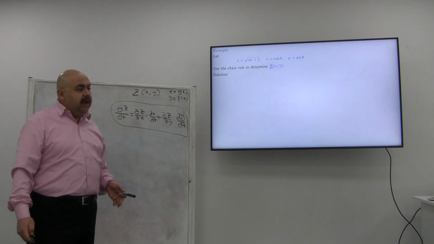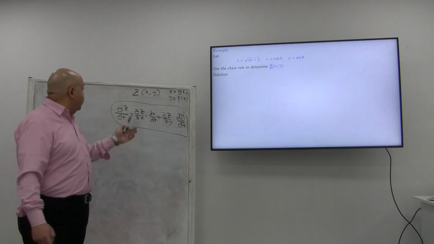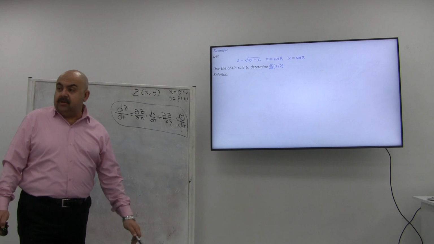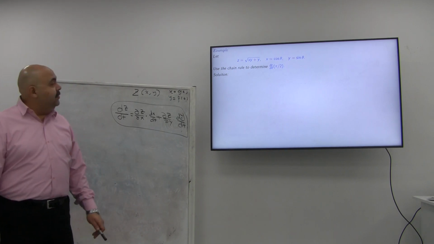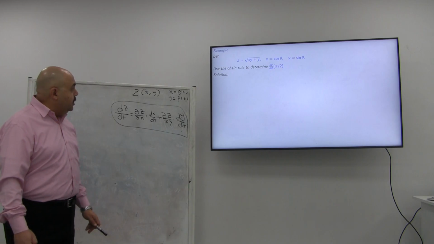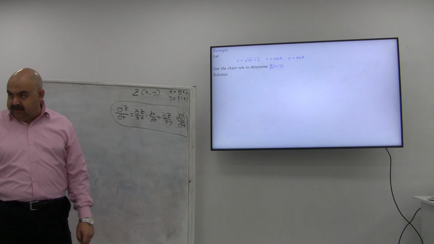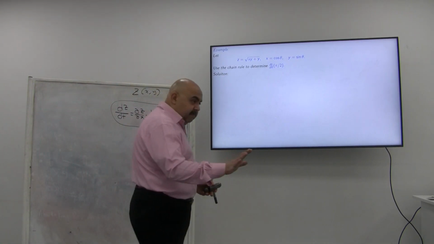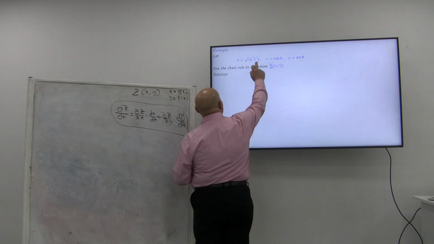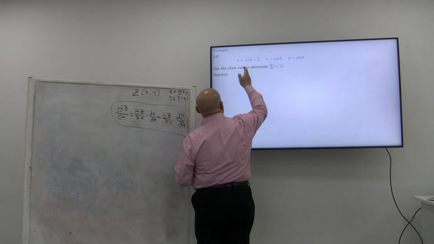If I want to see a simple application of this law, it's going to be like this. You will have now z as a function in both x and y, and x is given by cosine theta, y is given by sine theta. So it's really very simple. All I have to do is to differentiate this with respect to x, which is going to be a half times xy plus y to the power of negative half times y.